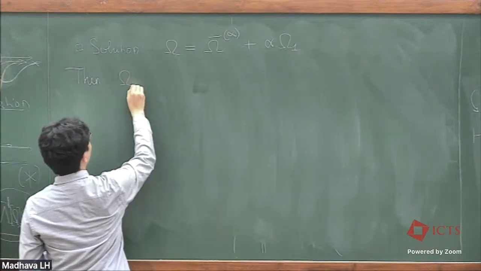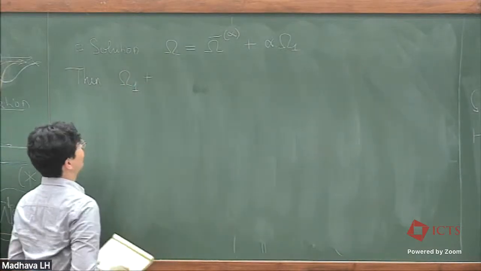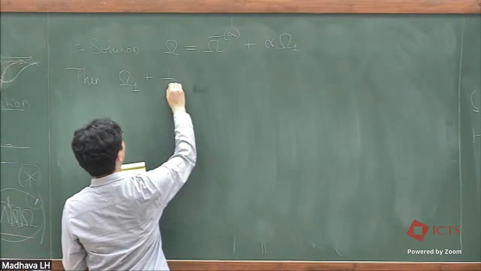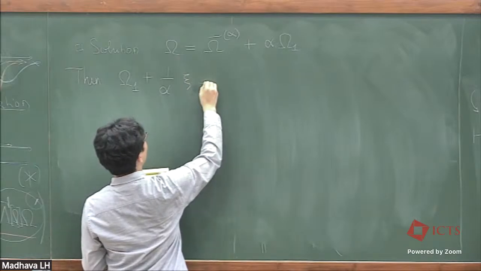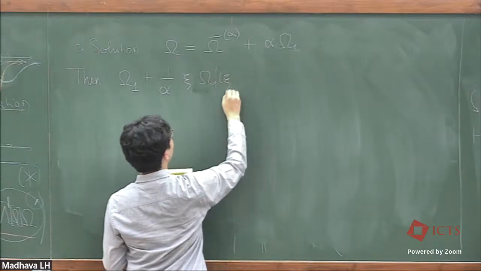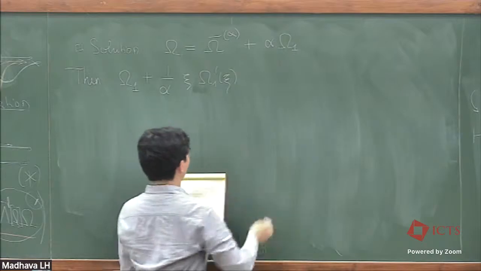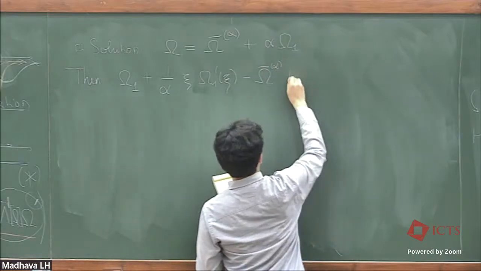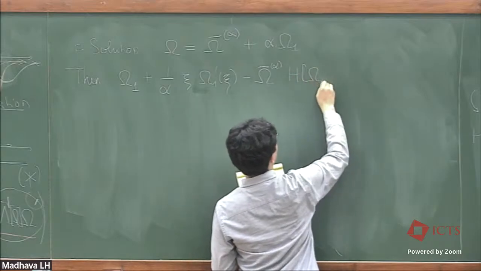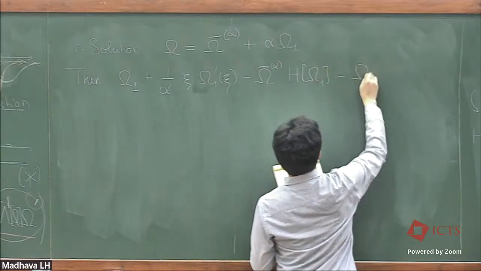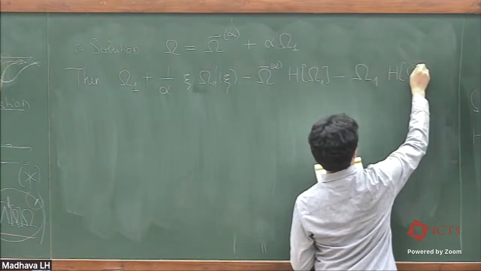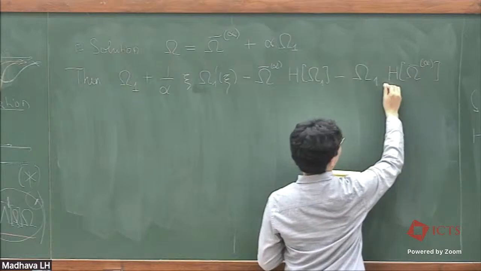Then omega 1 plus, after dividing by alpha, 1 over alpha C omega 1 times C. I will write some terms in the left-hand side. Omega bar alpha, Hilbert omega 1 minus omega 1, Hilbert omega bar alpha. This is also explicit.